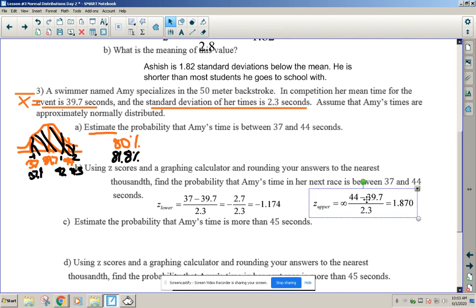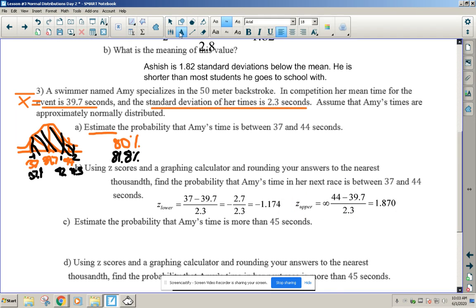And now I'm going to type it first, and then I'm going to do it on the calculator. Your calculator is going to say normal CDF, just like it did last week.